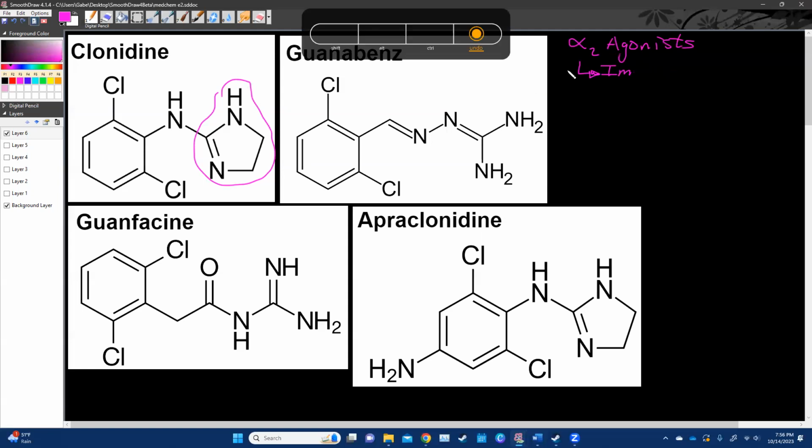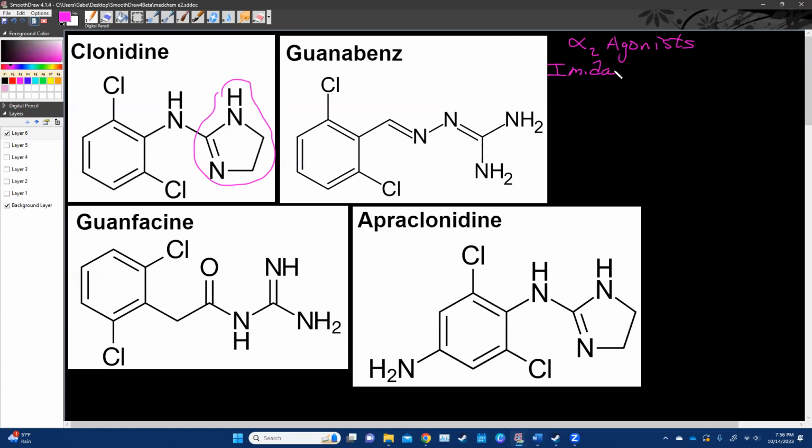So the imidazoline backbone, just as a reminder, is what's going to be alpha-1 or alpha-2 selective. And when you look at the structures of guanabenz, guanfacine, apraclonidine, it's very clear who's here.